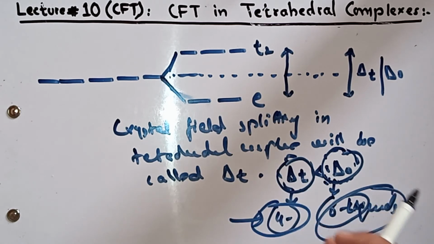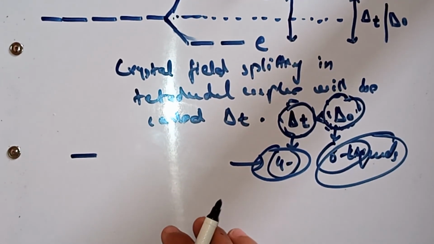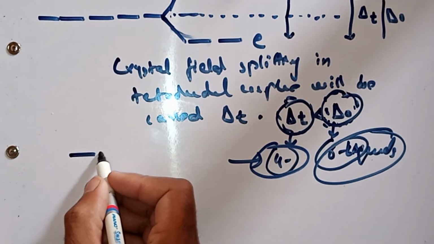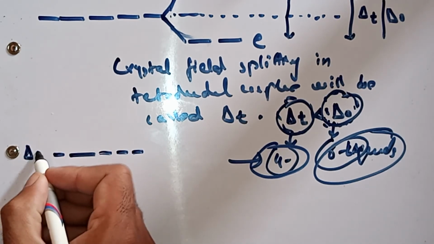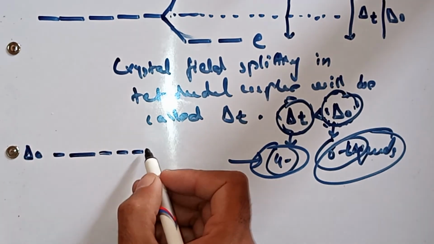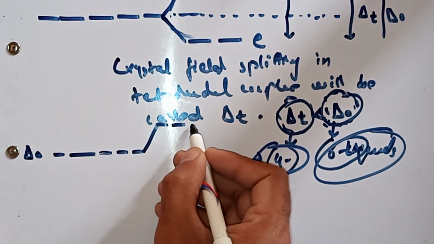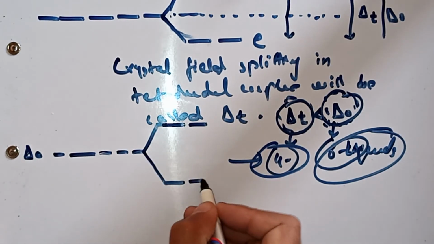The splitting will be like that. For delta naught in octahedral complex it will be like that: Eg and T2g.